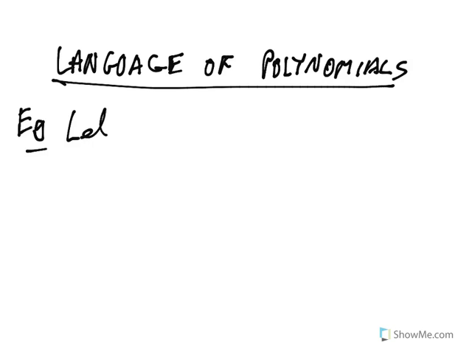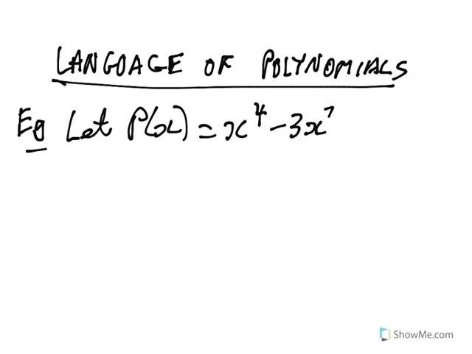So examples. If we've got our polynomial p of x equal to x to the 4 minus 3x cubed minus 2, then if we want to find p of 1, all that means is replacing the x here and here by the number 1.